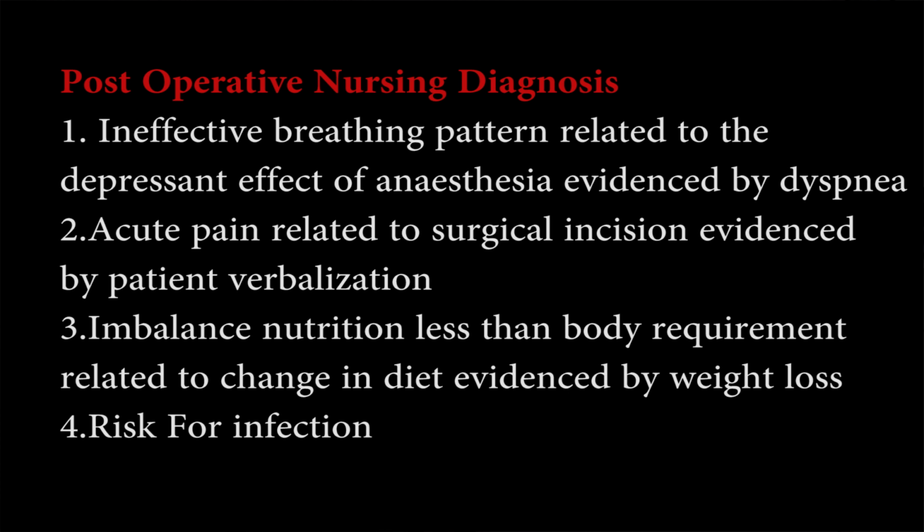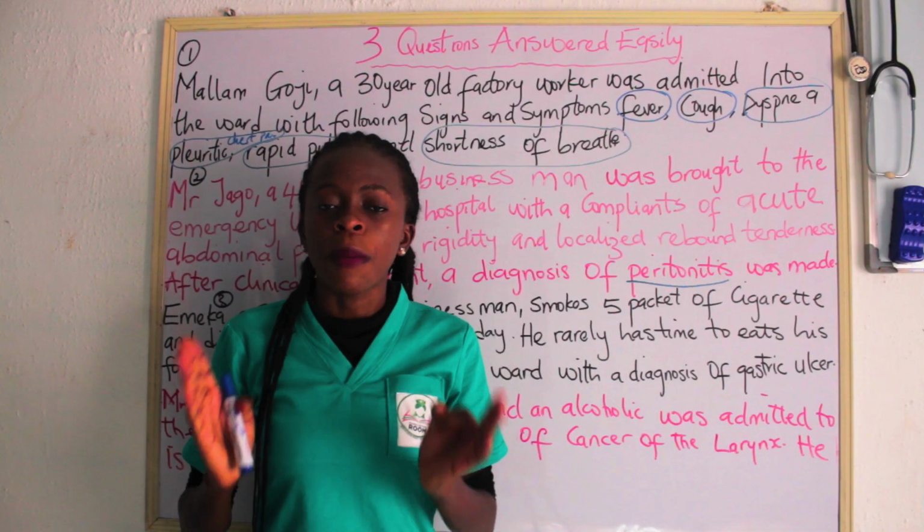Then acute pain should come first. You can have acute pain related to surgical incision. You will agree with me that during surgery, a surgical incision is being made wherever it's going to take place. So acute pain related to surgical incision, evidenced by patient verbalization.